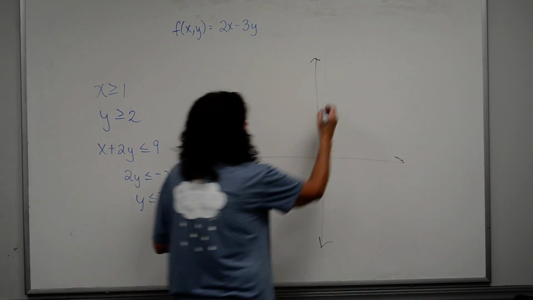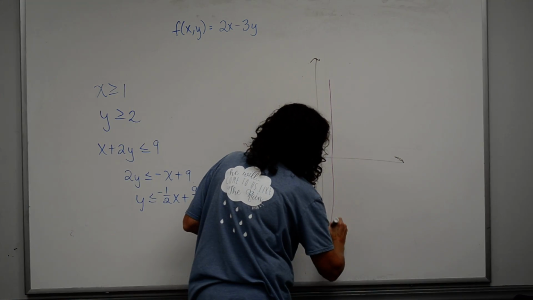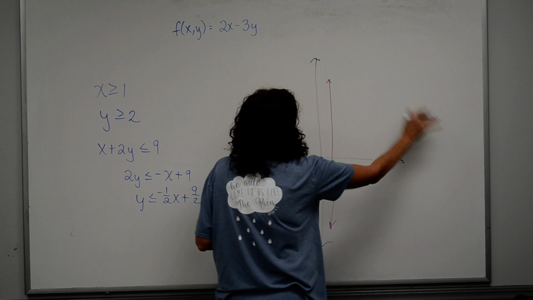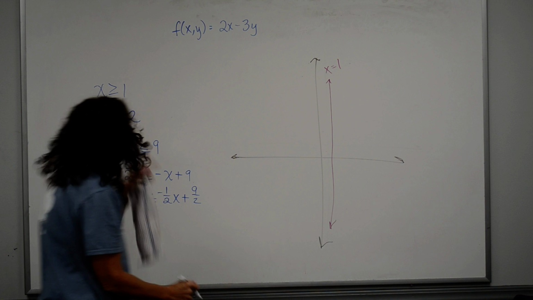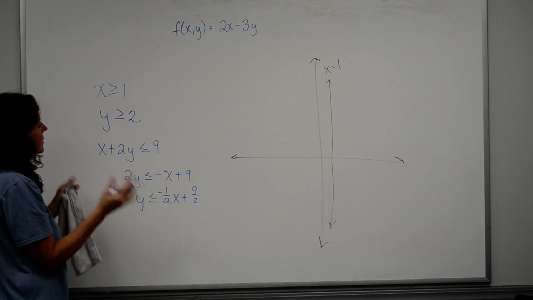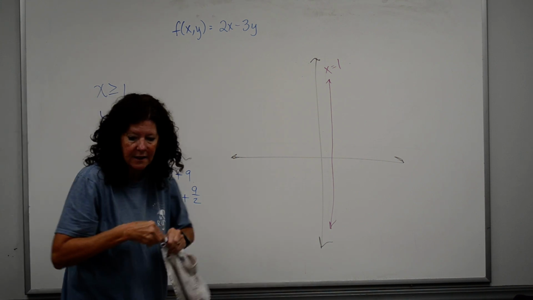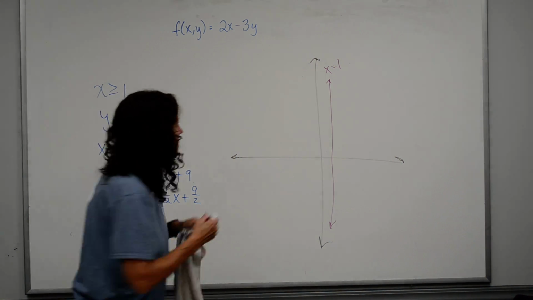So that's a vertical line through 1. Greater than is going to be that way, right? Then I have y is greater than 2. So that's going to be a horizontal line.